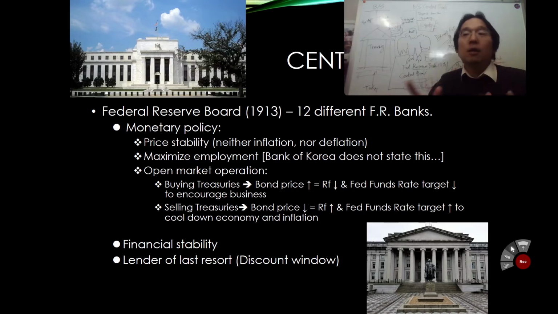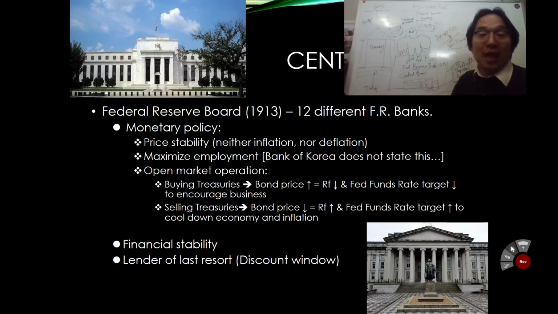And they try to help financial stability, because, as I said before, financial instability creates social unrest, like toppling the government and then total chaos. You don't want that happening. And the central bank works as a lender of last resort. I told you about this discount window borrowing.